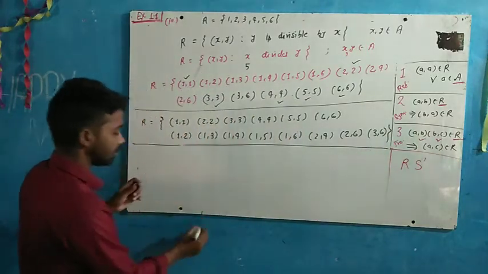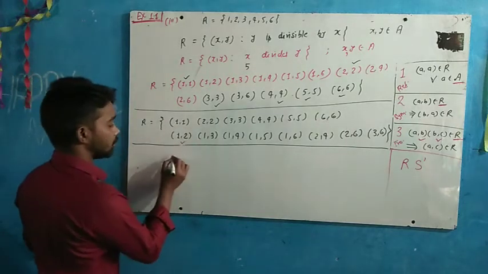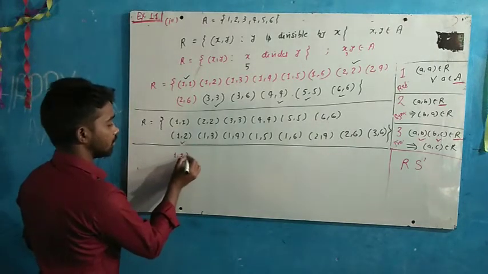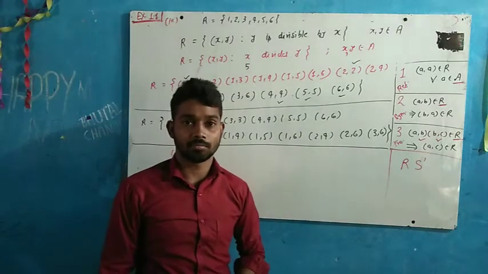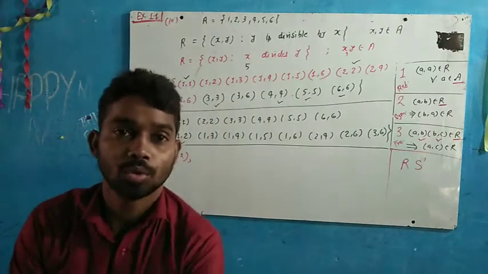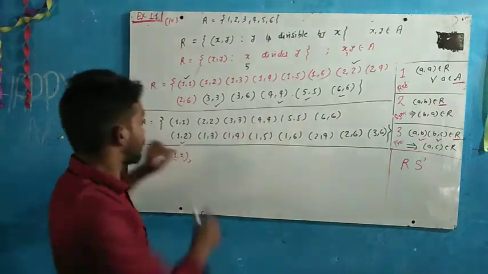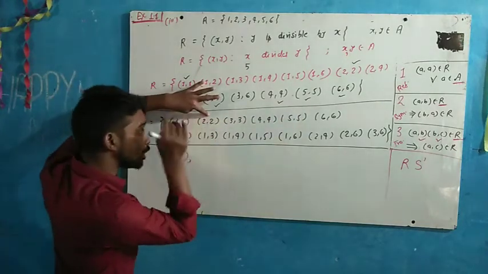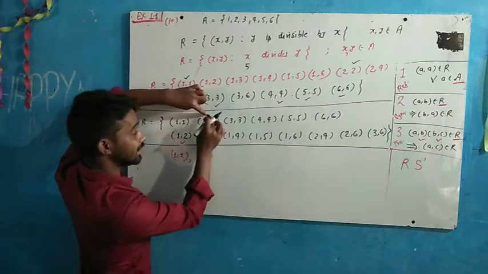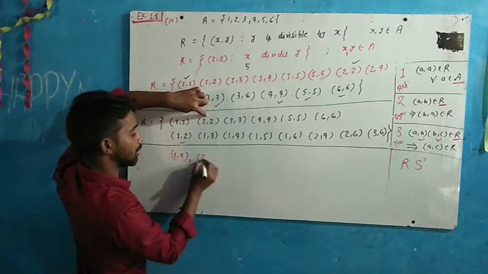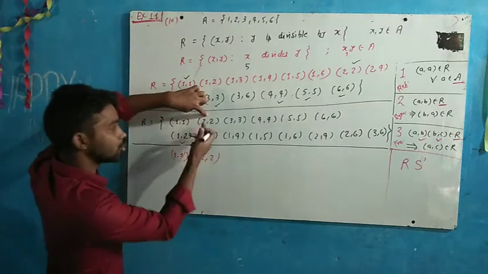Clear? So first of all, just fix the element (1,2). Now with (1,2) we will take the ordered pair which starts from 2. So the first thing is (2,2), and again here no need to check, because if you take (1,2) with (2,2), then again you will get (1,2), the same thing. So already no need to check this one.